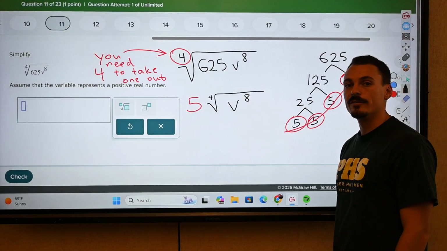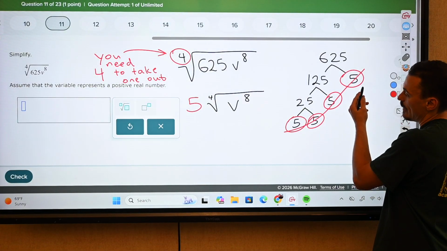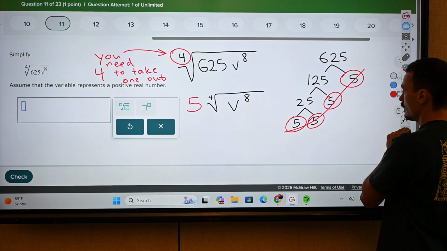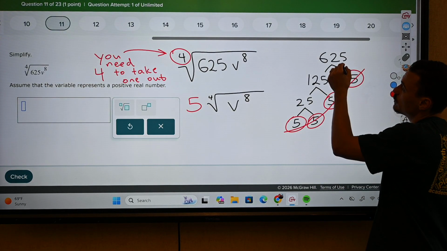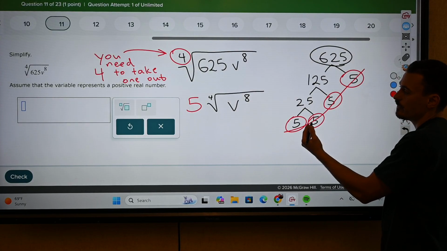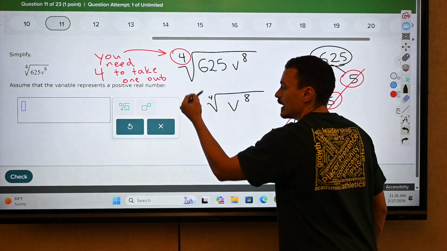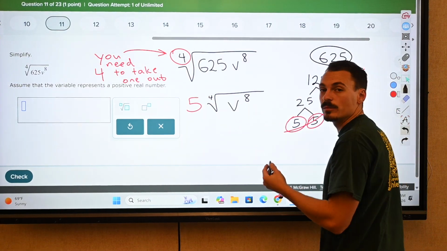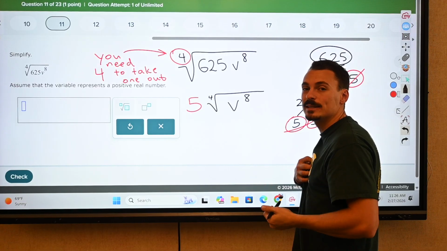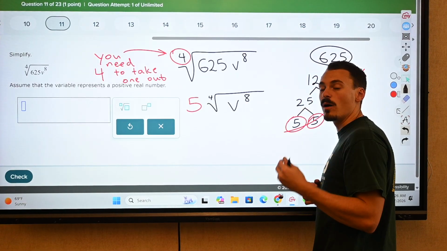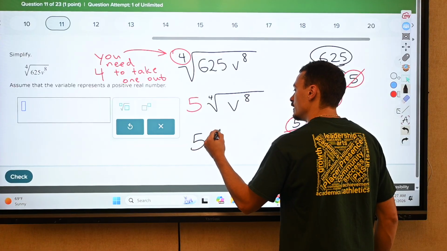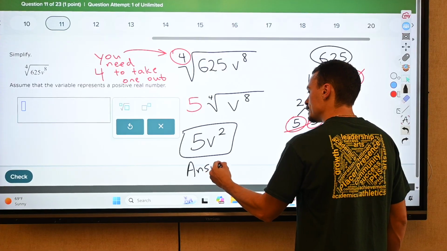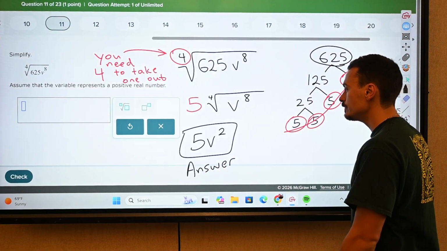So I took out a 5 because I have 4 5s. 5 times 5 times 5 times 5 is equal to 625. I need 4 to take 1 out because of that little 4 right there. Now v to the 8, I need 4 of them to take 1 out. So how many quads can I make with 8? I can make 2 quads. So the answer would be v to the 2. Okay?